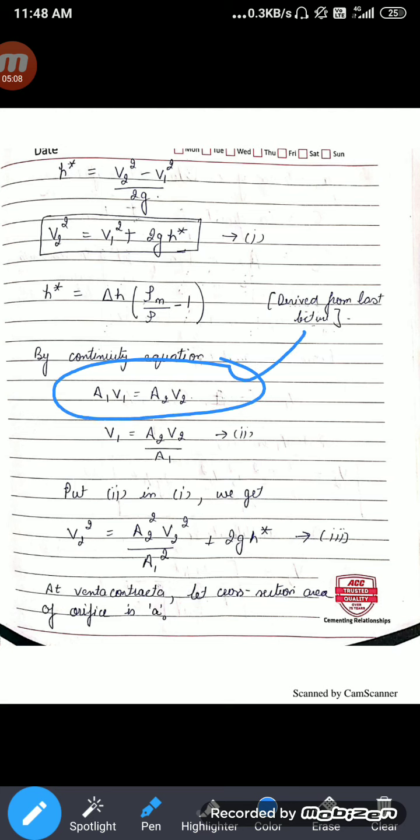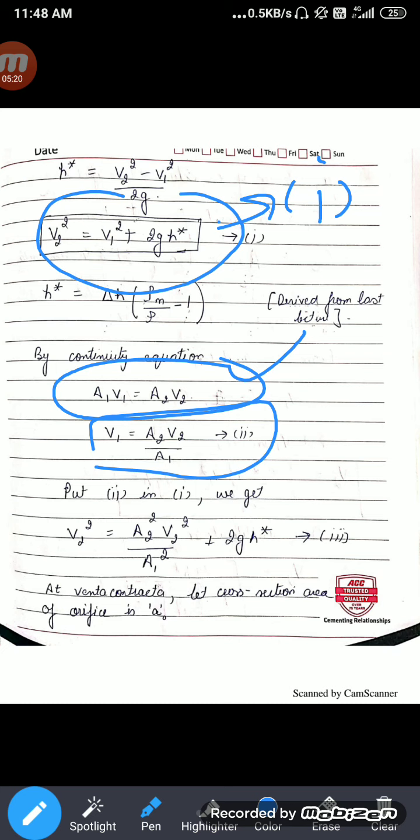From here calculate the value of V1 and put this value in the previous equation, number one. From here we get V2 square equal to A2 square V2 square upon A1 square plus 2g H star.